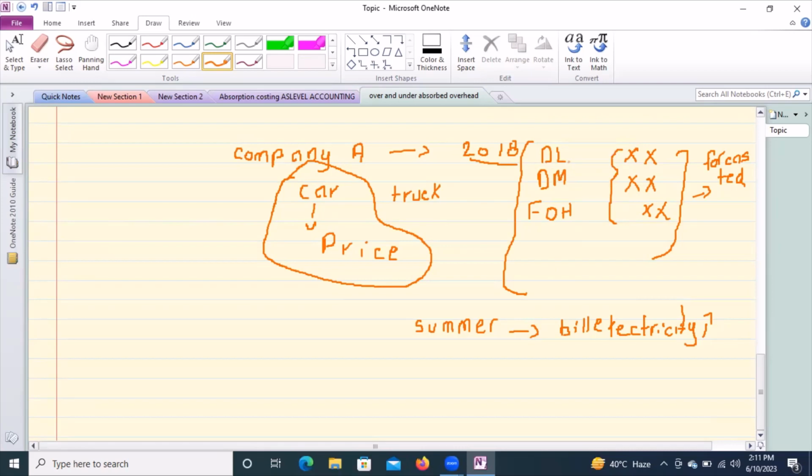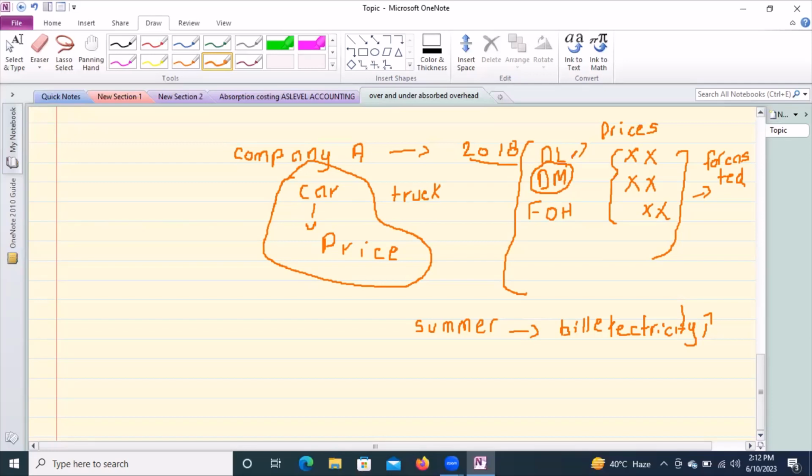Maybe the material company A is using to produce its car, maybe the direct materials prices go up. Prices will not remain the same. When the inflation rate gets higher, it means that the prices of raw material will be higher also.